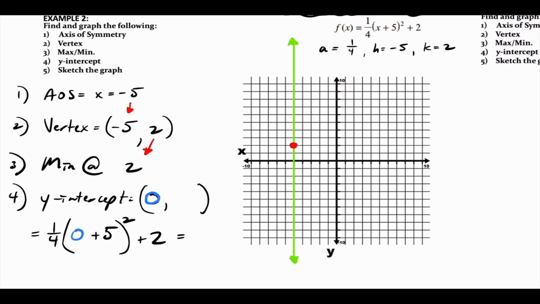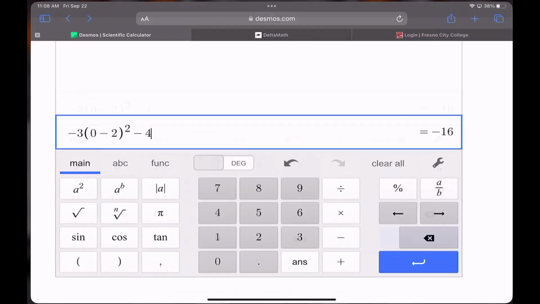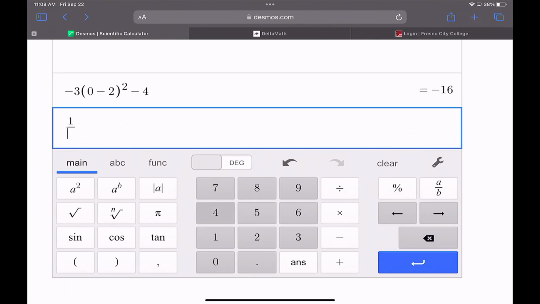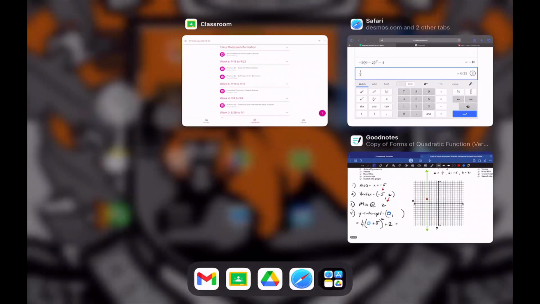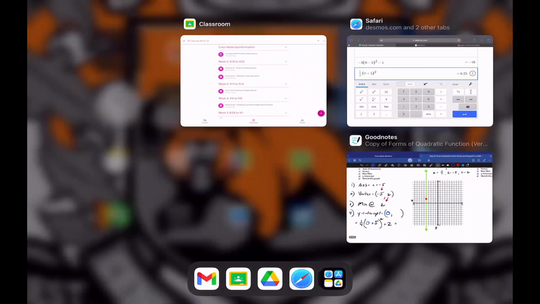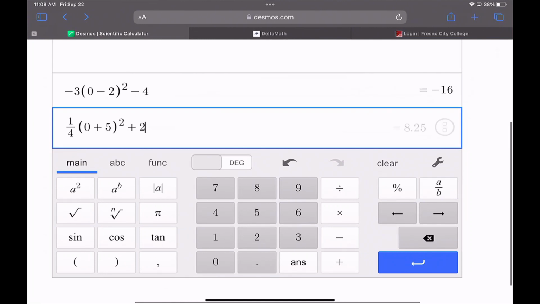Just go right to your calculator, put exactly that into your calculator. 1 divided by 4, 0 plus 5, squared, plus 2. 8 1/4. 8.25. A little over 8. Between 8 and 9.